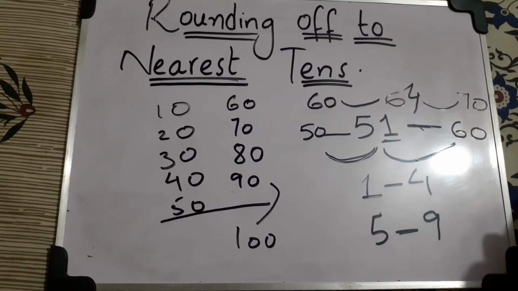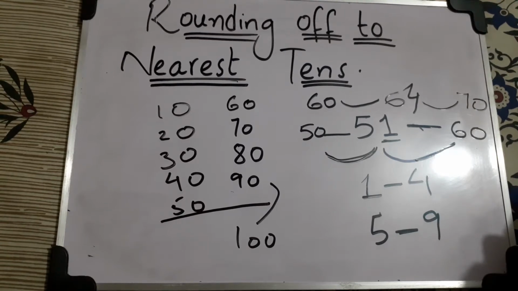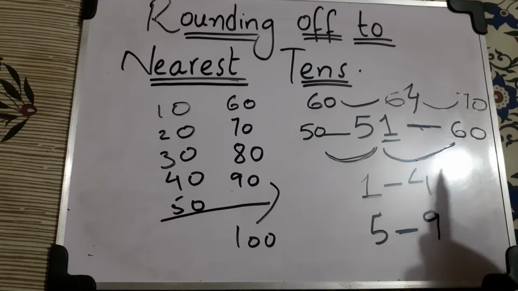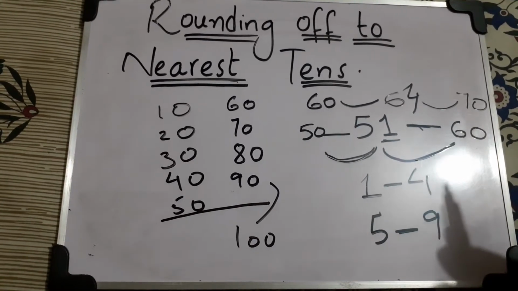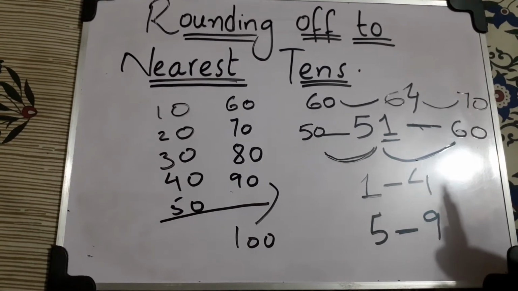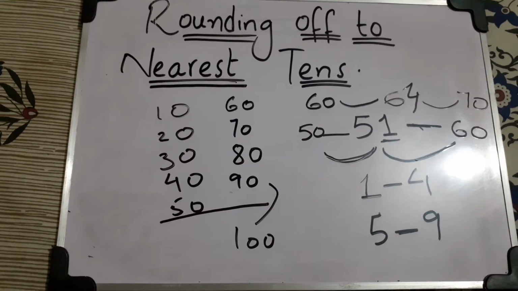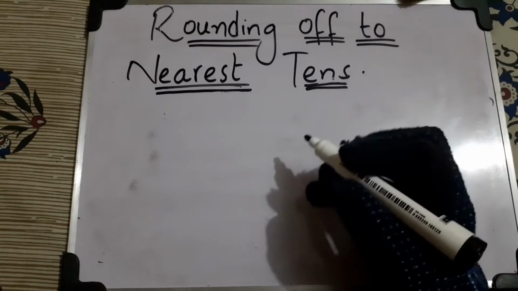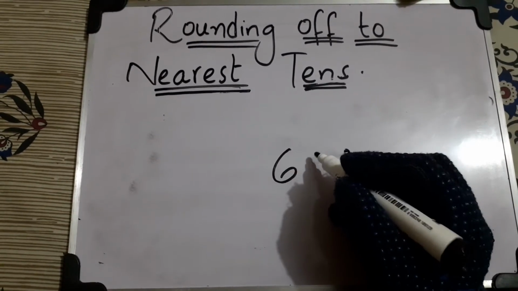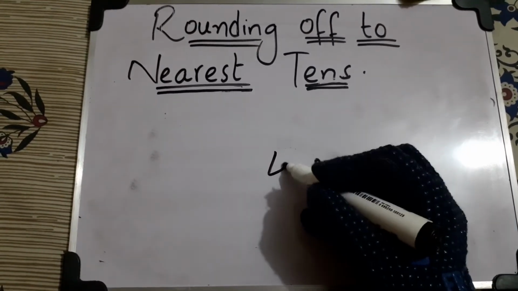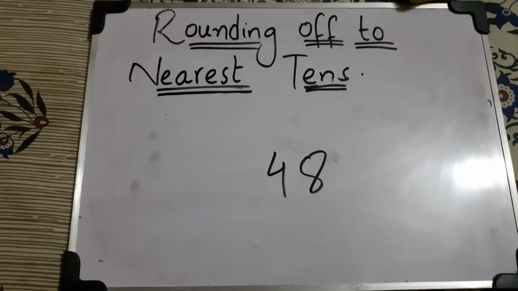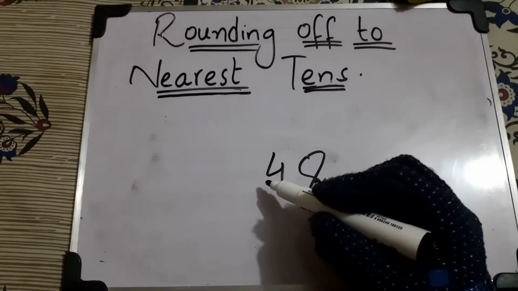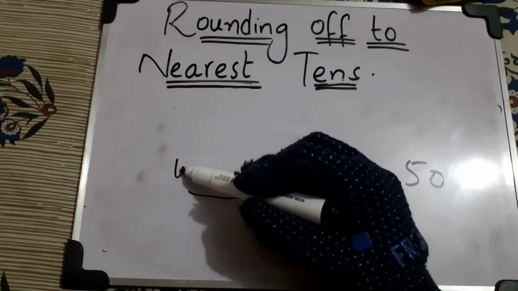When you round off the number to the nearest tens, it will be 10, 20, 30, 40, 50. It depends on what number you have. Now look, for example, you have the number 48. So you have two options, 50 or 40.